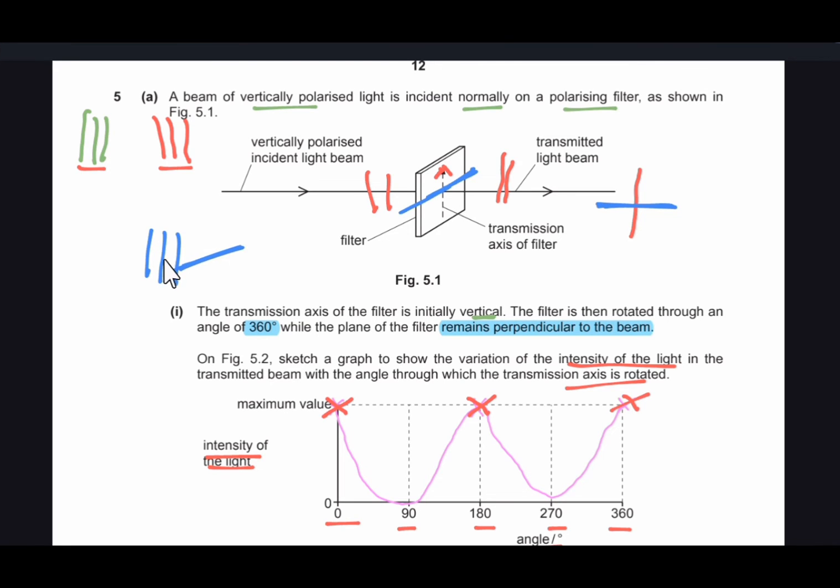Therefore, since the line of the axis is perpendicular to the direction of light travel, no light would pass through and the intensity is 0. Similarly at 270 degrees, suppose the axis is like this and the light is passing perpendicularly. Therefore no light would pass through, since the line of the axis is perpendicular to the direction of light travel.